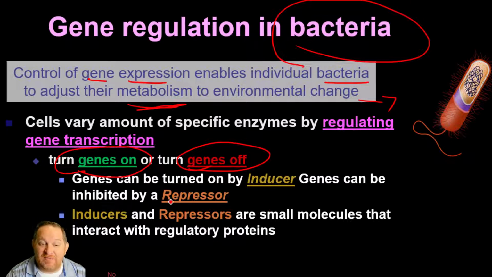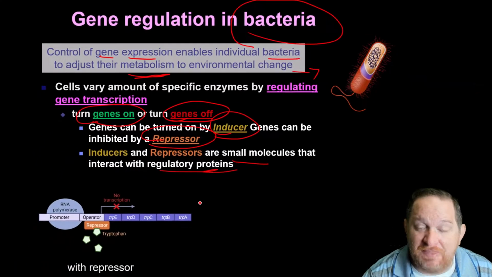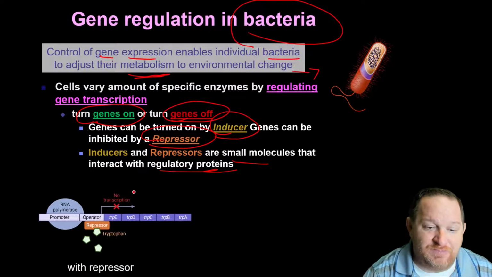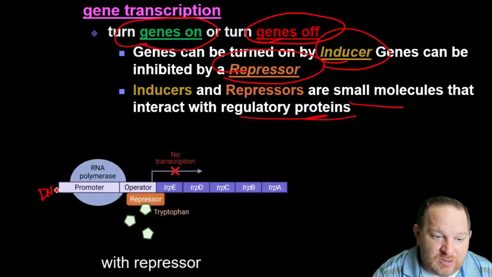How do we do that? We do that through things called inducers and repressors. Basically, these are small molecules that interact with some proteins to either start or stop transcription. So let me give you an example down here. In this case, here's some DNA, right? So this is DNA right here.